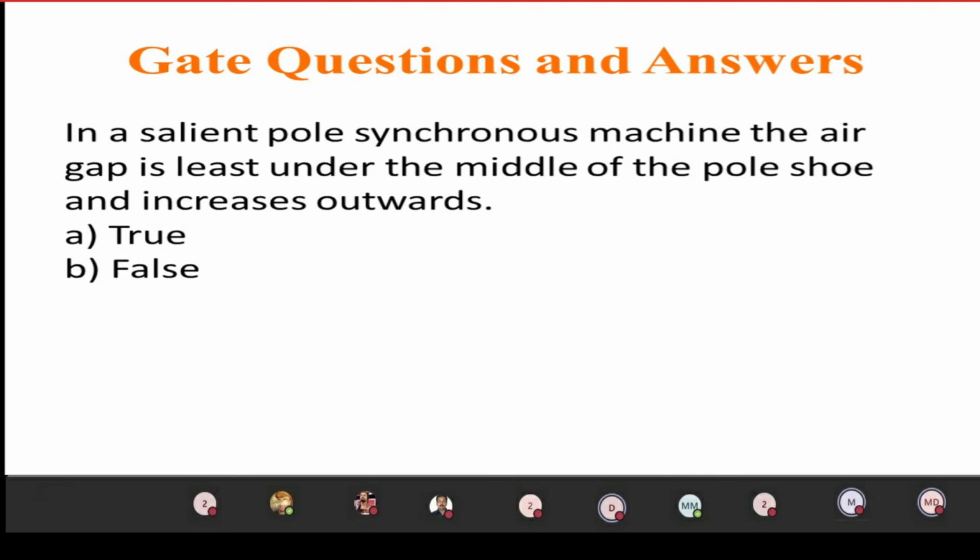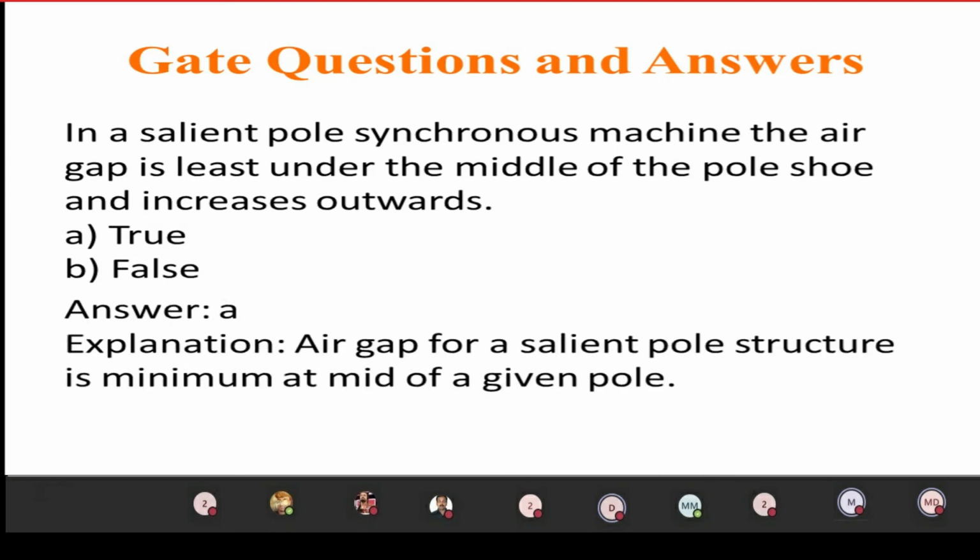In the middle of the pole shoe, it is very close to the stationary armature, so the air gap is least. It increases outwards, so other places have the maximum air gap. It's true.